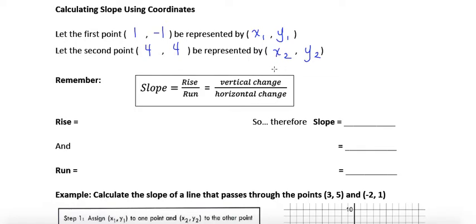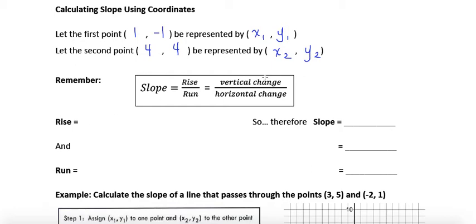So remember, the slope is the same as rise over run, which is the vertical change between 2 points over the horizontal change of 2 points. So when we're looking at using this with our slope formula, we want to look at the difference between the vertical change.